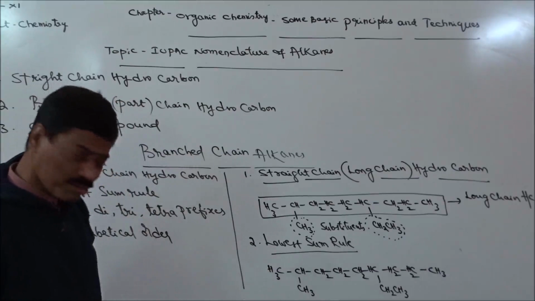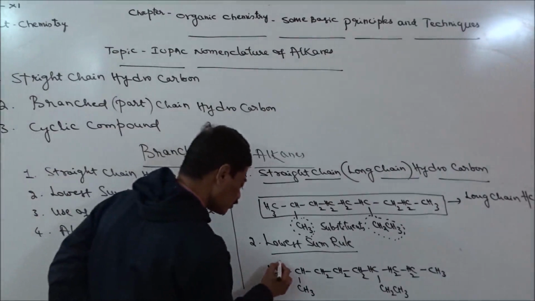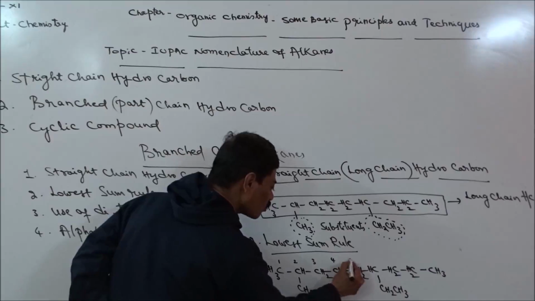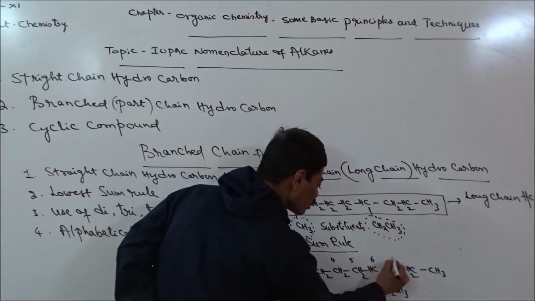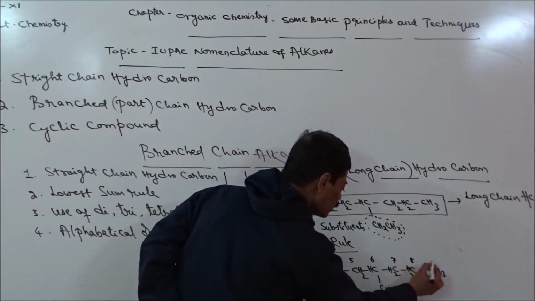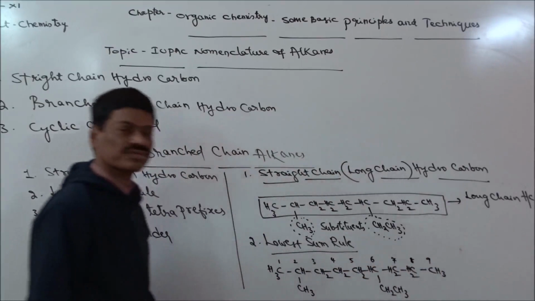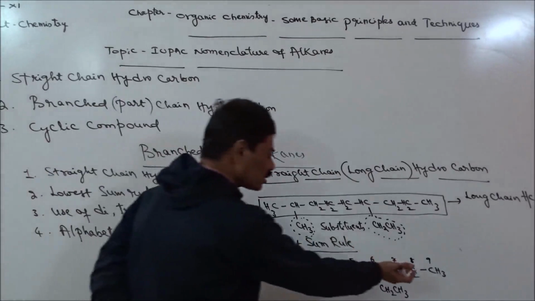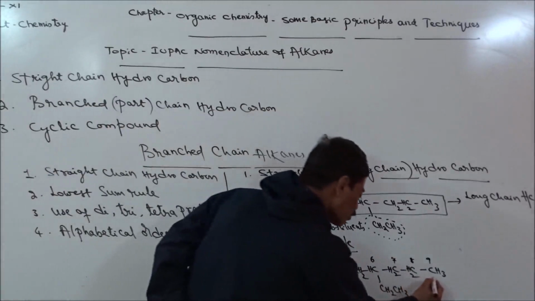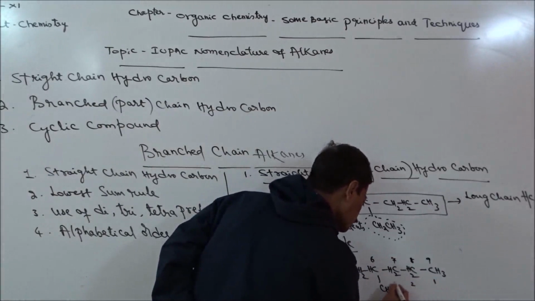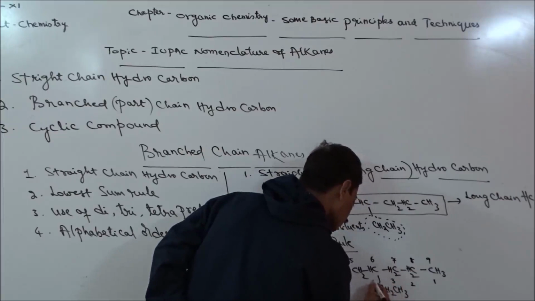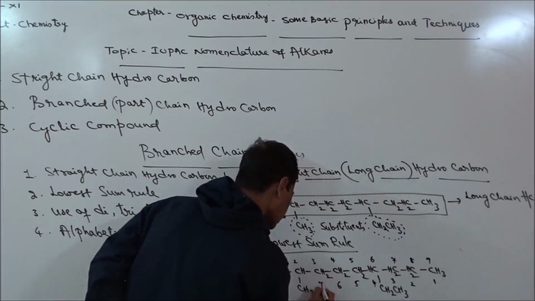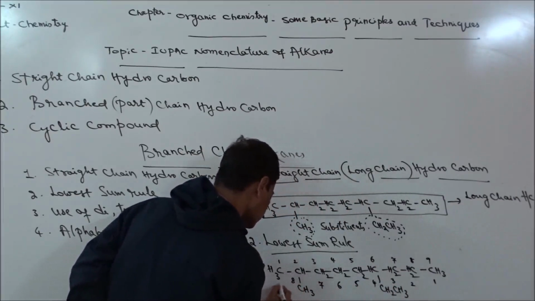Now, I will give numbers in 2 ways. Left to right, 1, 2, 3, 4, 5, 6, 7, 8, 9. Next, I'll give numbers from right to left. 1, 2, 3, 4, 5, 6, 7, 8, and this is the 9th carbon.